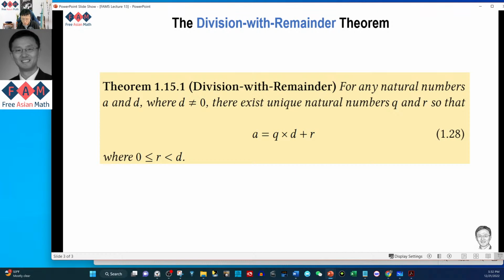This can be called the division lemma or division algorithm, or there's a very special name for it.